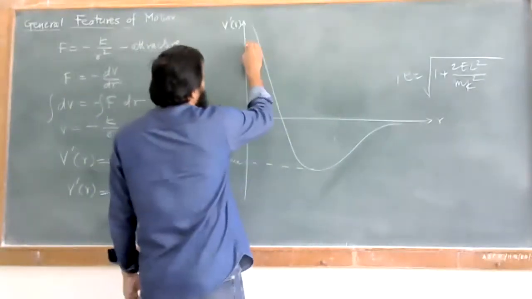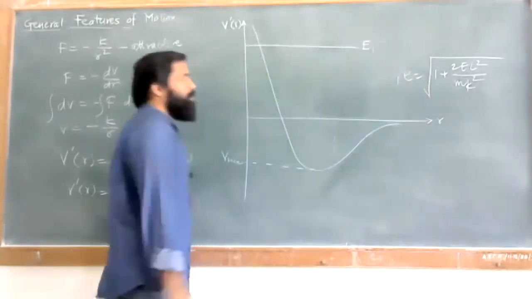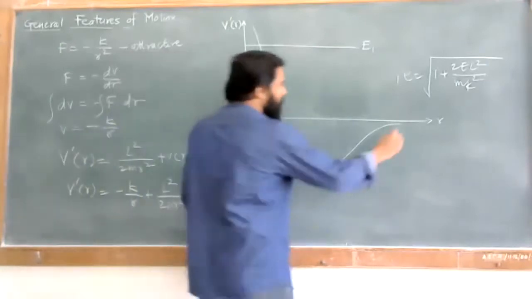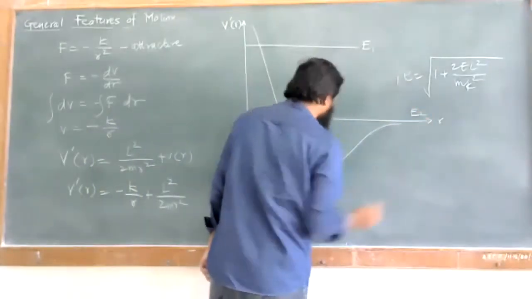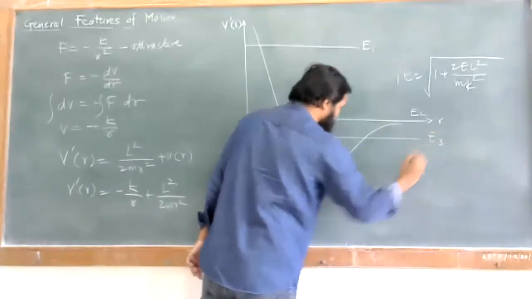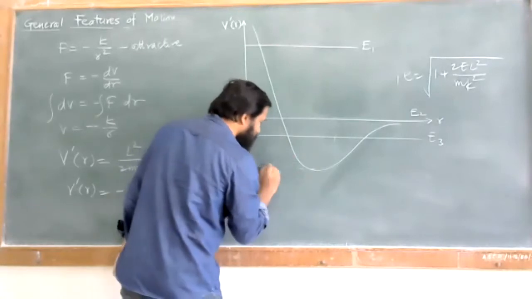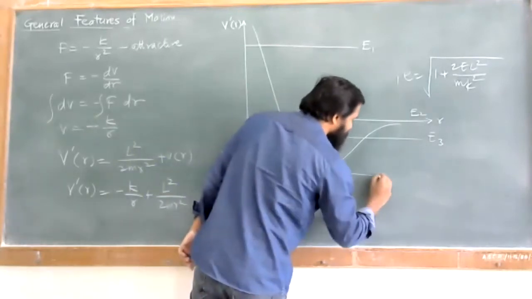We can have different energies. Let us say the first one is E1, the second point is E2, the third point is E3, and the fourth point is E4.